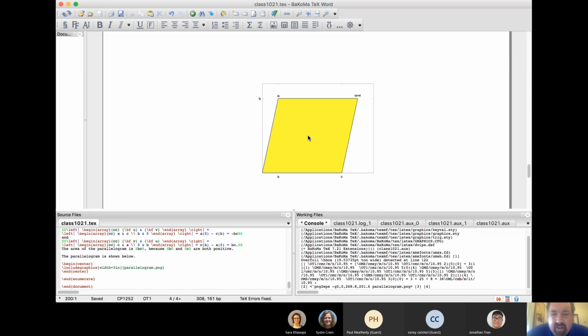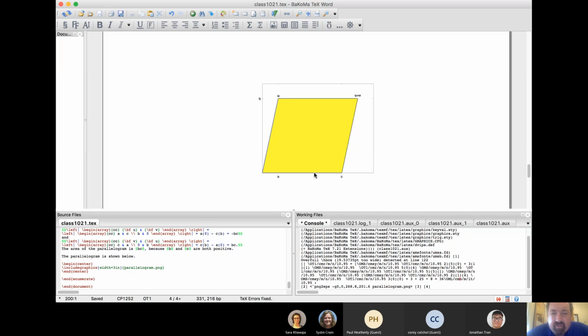Now, I mentioned earlier that since the area turns out to be BC, we can kind of see why. Because if I were to draw a diagonal through the parallelogram, like from this point marked U to this point marked C, what we have is a triangle.